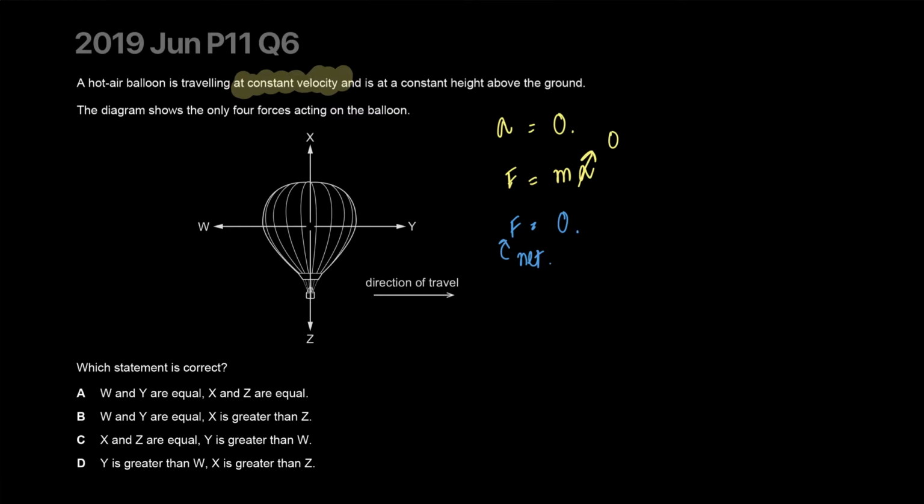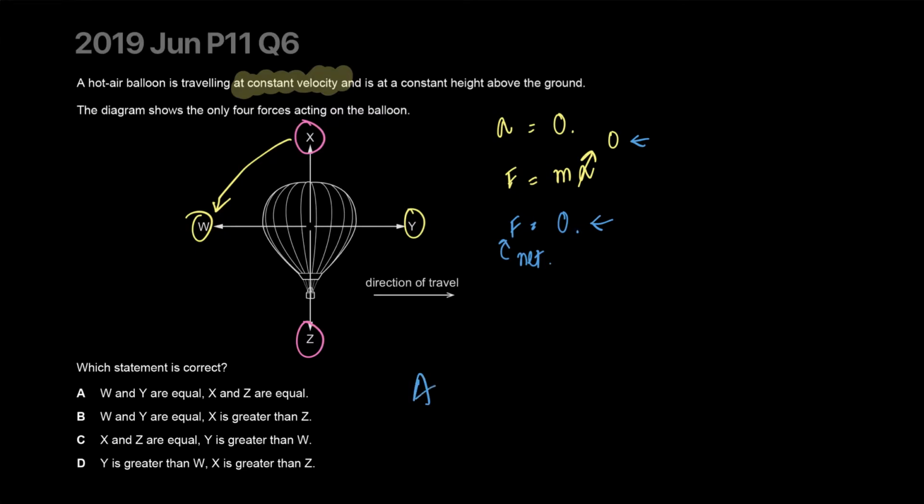That doesn't mean X is equal to W. It just means W and Y are equal. The horizontal forces cancel out, and X and Z are equal. The vertical forces are also cancelling out. There are no other forces, so there's no net force, there's no net acceleration.